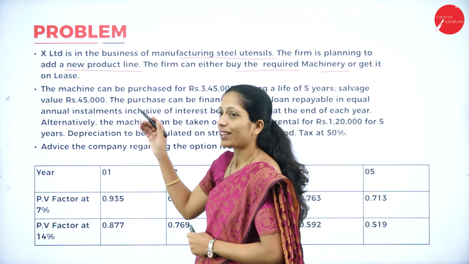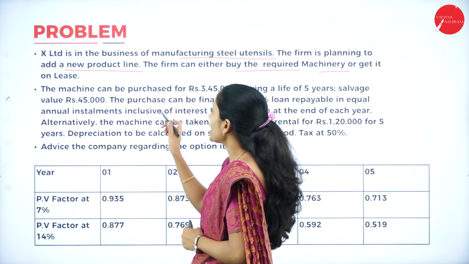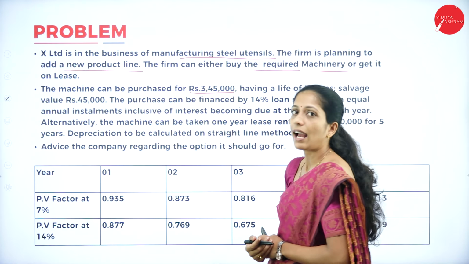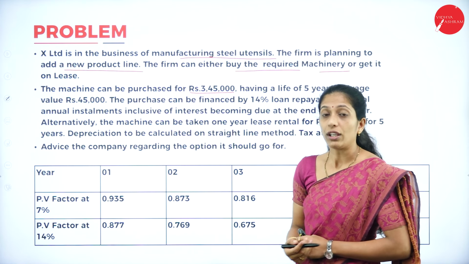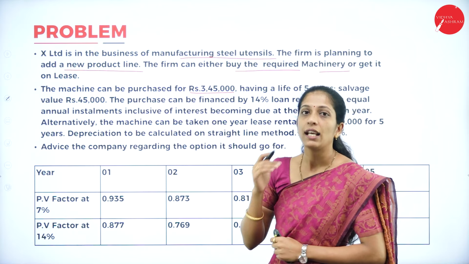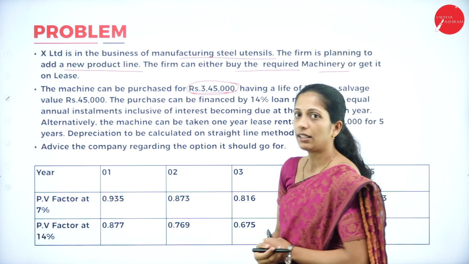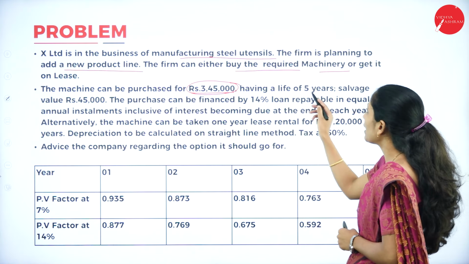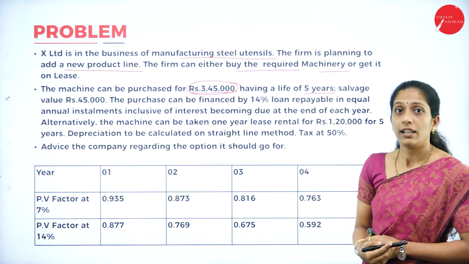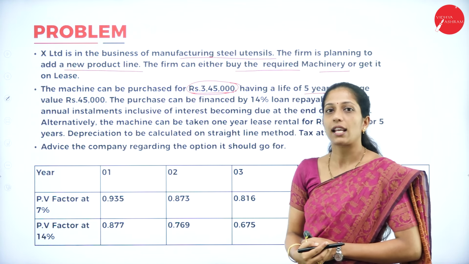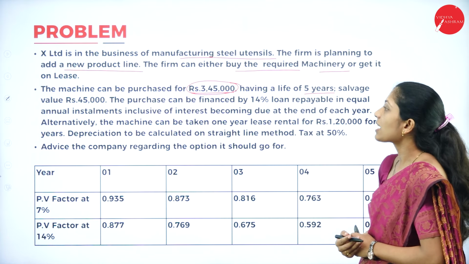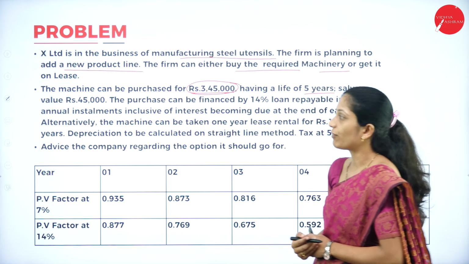Now let us see what they have given further. The machinery can be purchased for 3,45,000. If they want to purchase the machinery, then the total cost of the machinery is 3,45,000 and it has a life of 5 years. The life of that particular machinery is 5 years and salvage value is rupees 45,000.